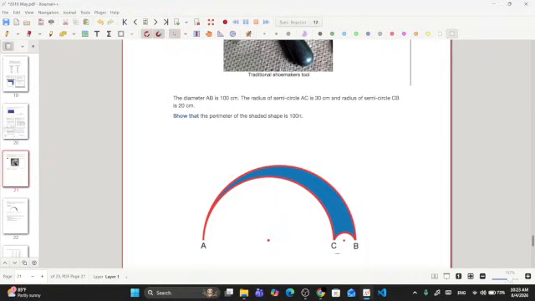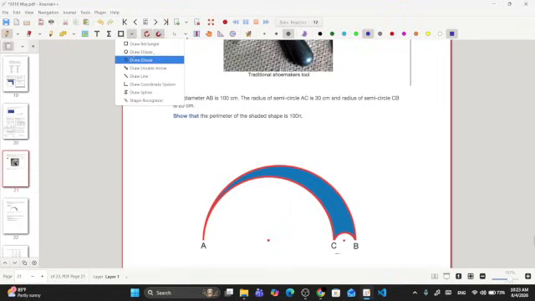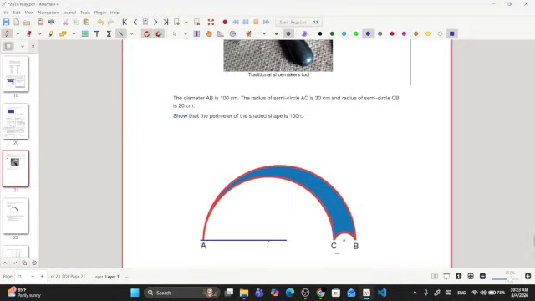Hmm. Okay. So what has been given to us? We know that the entire length from A up till B, I want you to first understand this, has been given as 100.